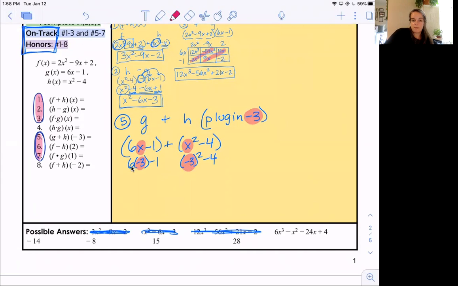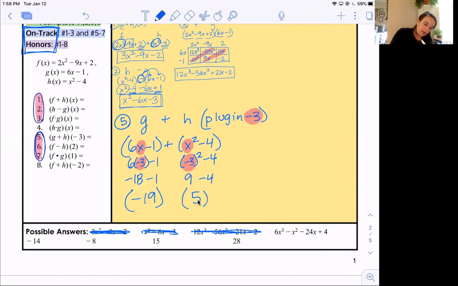All right. So I've got 6 times negative 3 would be negative 18, minus 1 would be negative 19. That is my first parentheses, my g parentheses. And then here, negative 3 squared will be 9 minus 4, right? And 9 minus 4 is 5.